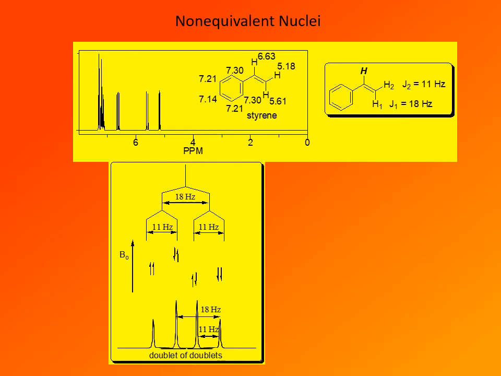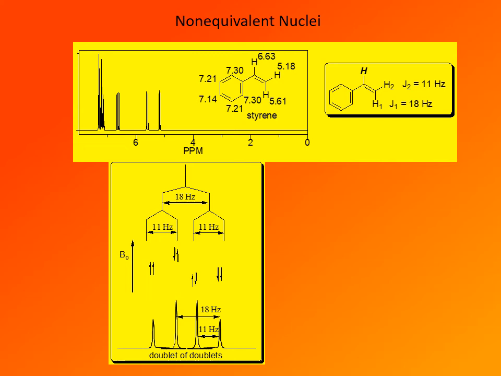It's being split by the 2 neighboring protons separately. That's because the 2 neighboring protons are non-equivalent. They are different. It's not an ordinary CH2 group where the 2 protons would be identical. Here they are different because one proton, with chemical shift of 5.18, is trans to the benzene ring, while the proton with chemical shift of 5.56 is cis to the benzene ring. So they are different and they split the signal separately.